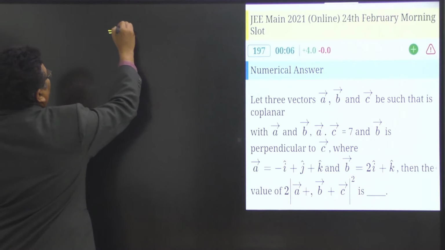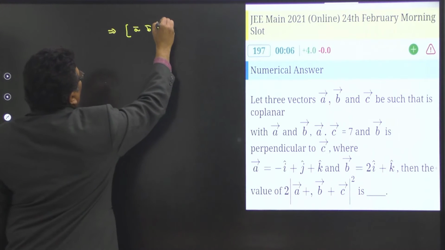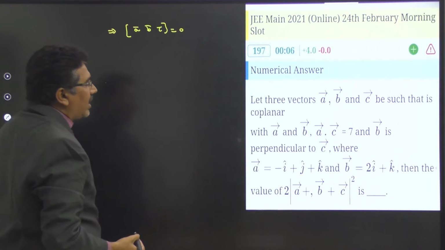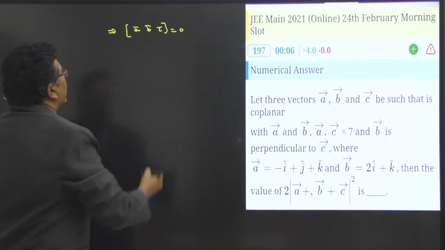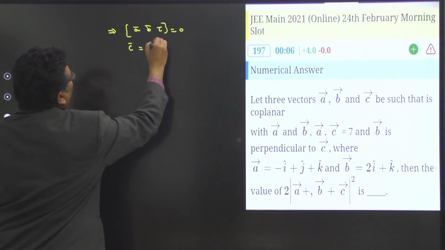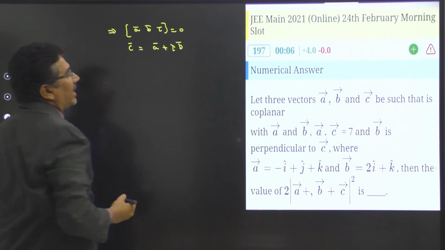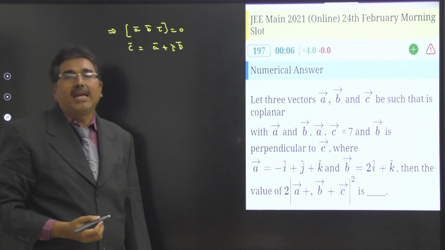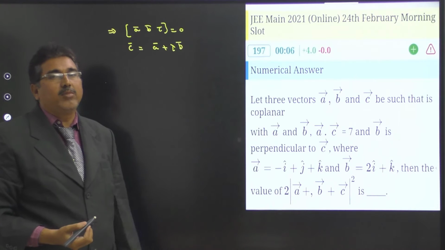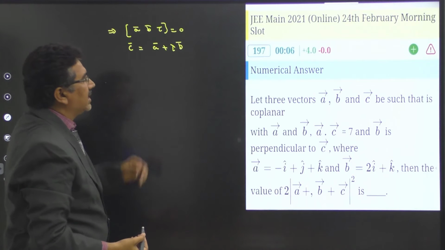That implies the box product of a bar, b bar, c bar is equal to 0, or the vector c bar may be written as a bar plus lambda into b bar, since a bar, b bar and c bar are coplanar.